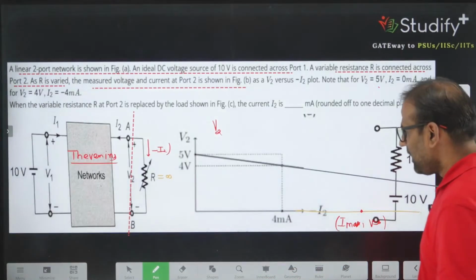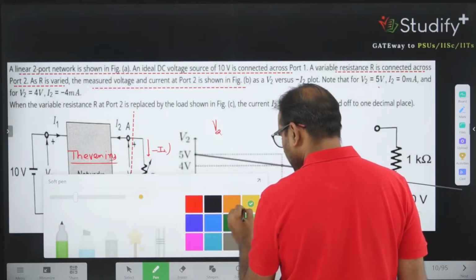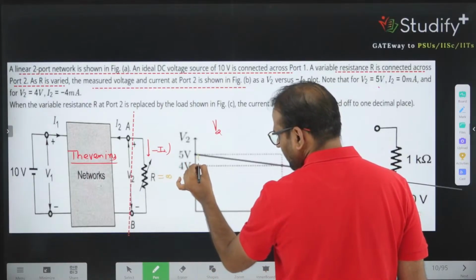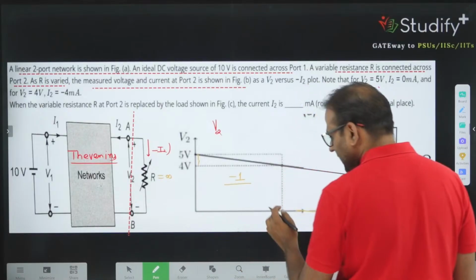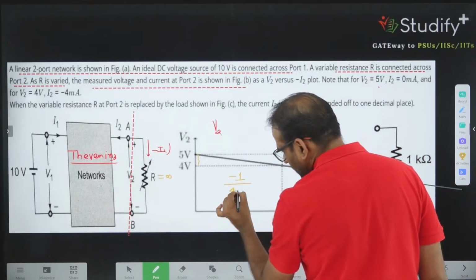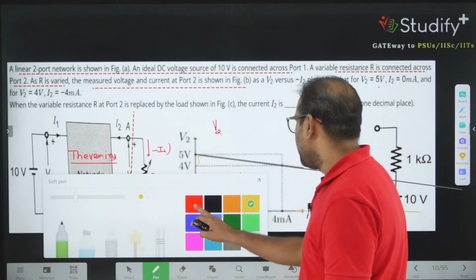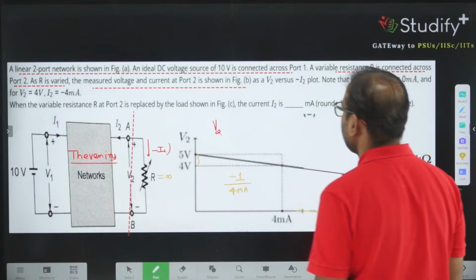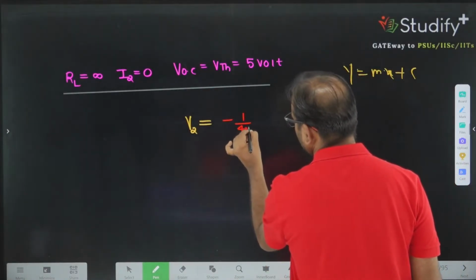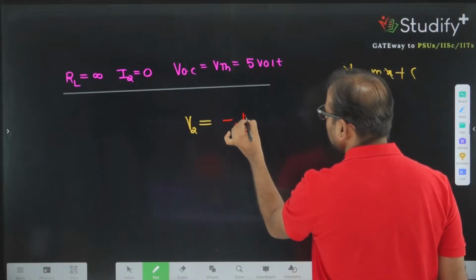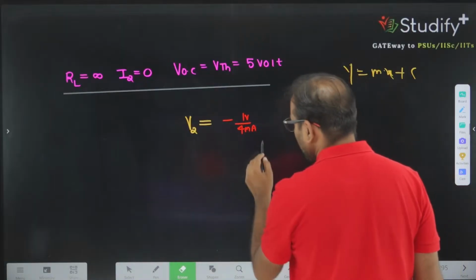What is the slope? The slope of this line is given by y2 minus y1, which is minus 1 volt, divided by x2 minus x1, which is minus 1 by 4 milliampere. So can I say the slope is minus 1 by 4 milliampere? Keep one thing in mind, this 1 volt is given in normal value.